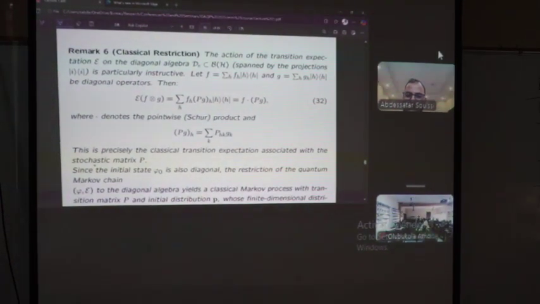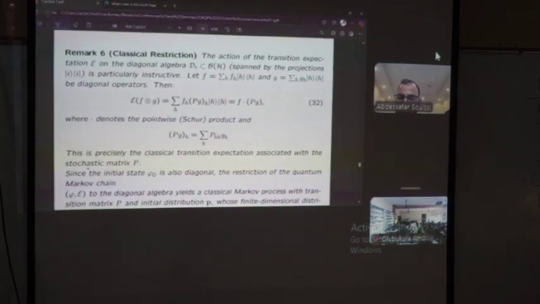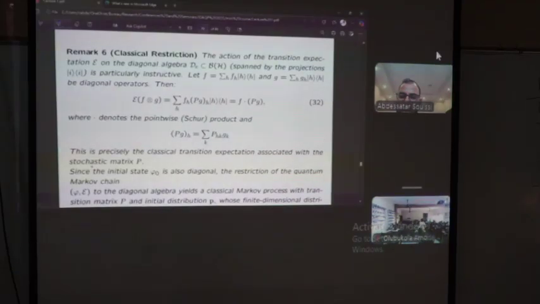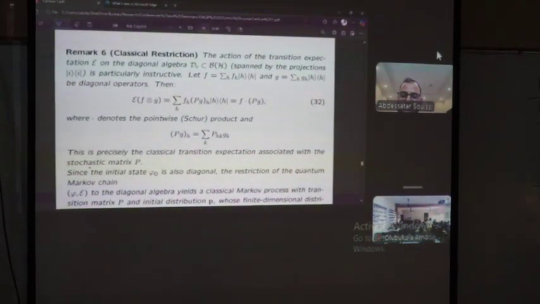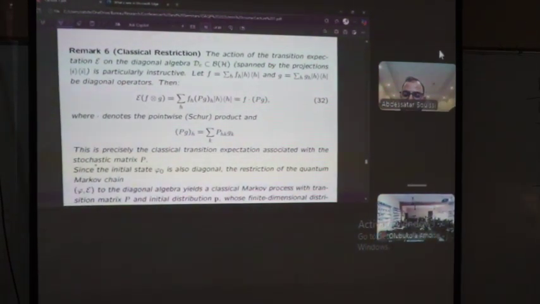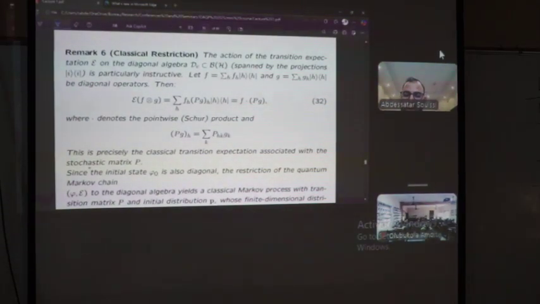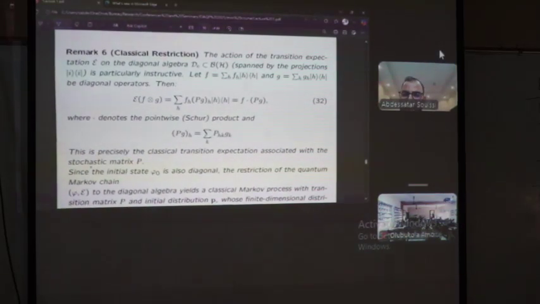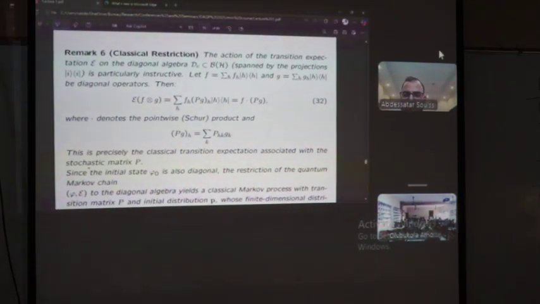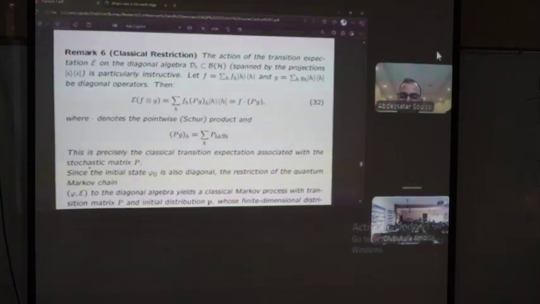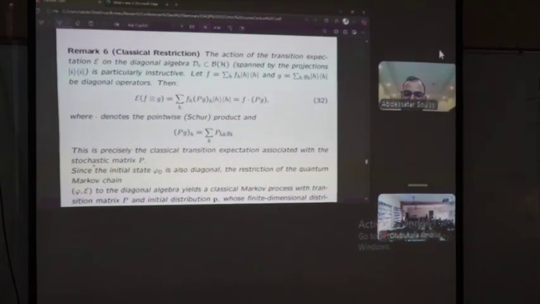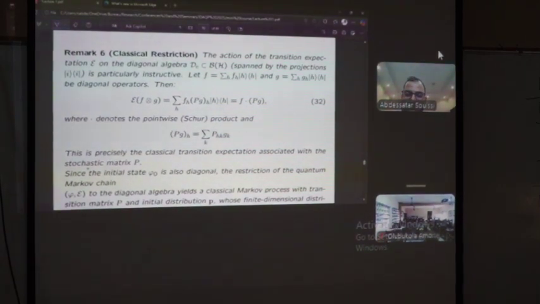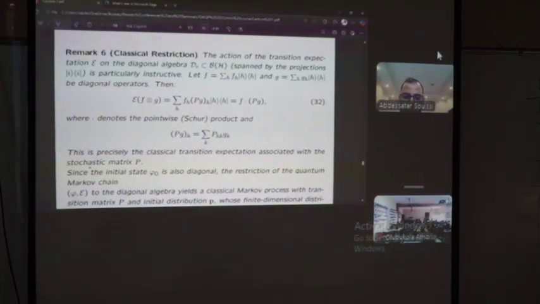Now here, if we consider an element f of the diagonal subalgebra, we can see that this conditional expectation satisfies a very important property, called diagonal preserving conditional expectation. This was studied by Professor Ezekiel, in the same paper in which we consider the embedding of the classical Markov chains into the quantum setting, because it also considers the classical representation of quantum Markov chains.